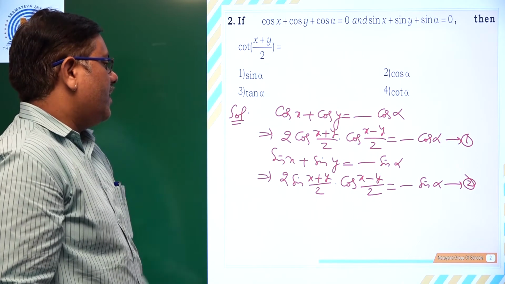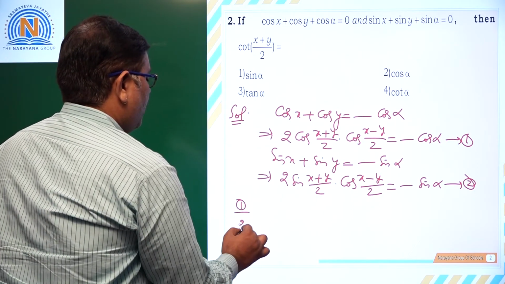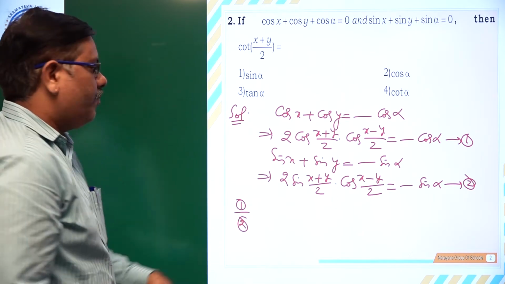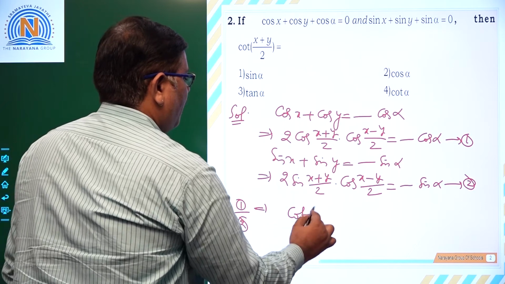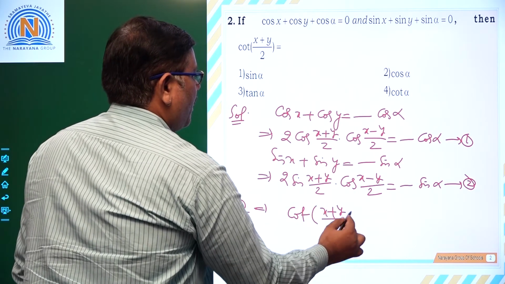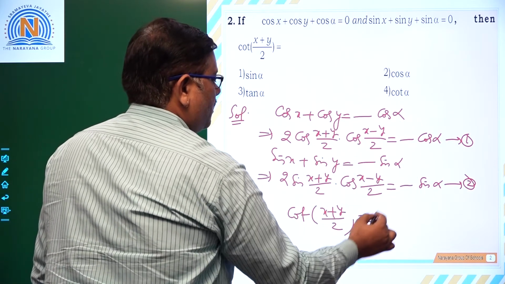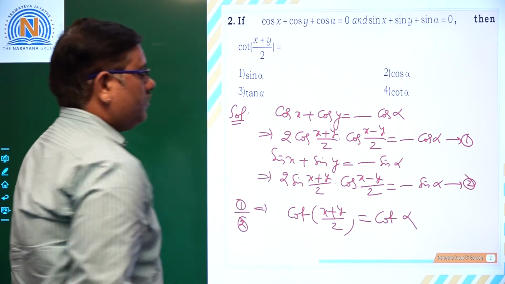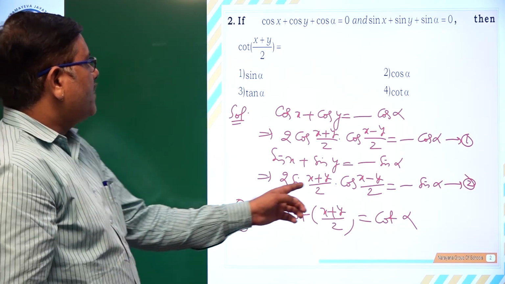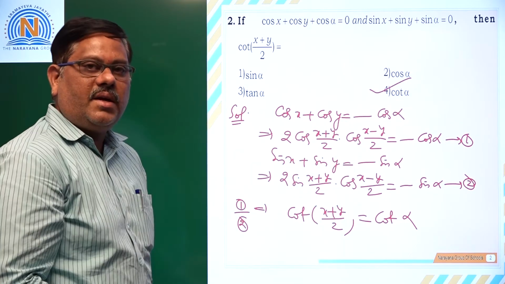Cot((x plus y) by 2) means let us divide condition 1 by condition 2. The 2 cancels, and cos((x minus y) by 2) cancels, and minus by minus cancels, and it is simply cot alpha. So cot((x plus y) by 2) is cot alpha for us. That is nothing but the fourth option. That is the right answer.